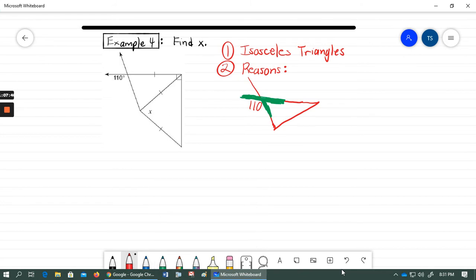Again, they form a linear pair, which means that they are supplementary, or in other words, they add to 180 degrees. And so 110 plus what equals 180? That means that this angle right here has to be 70 degrees.